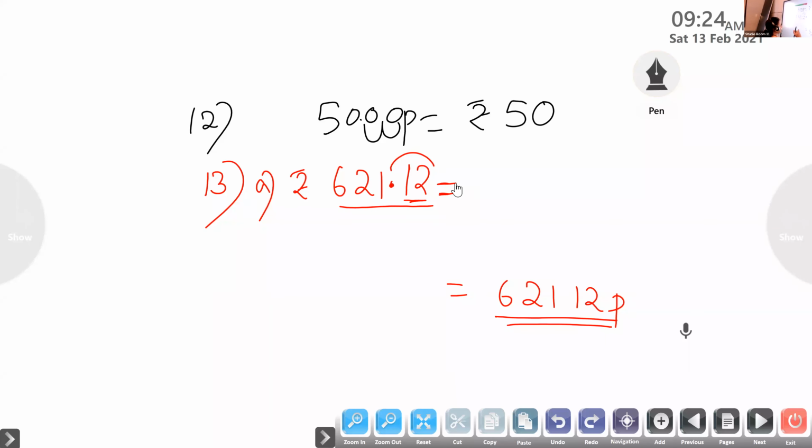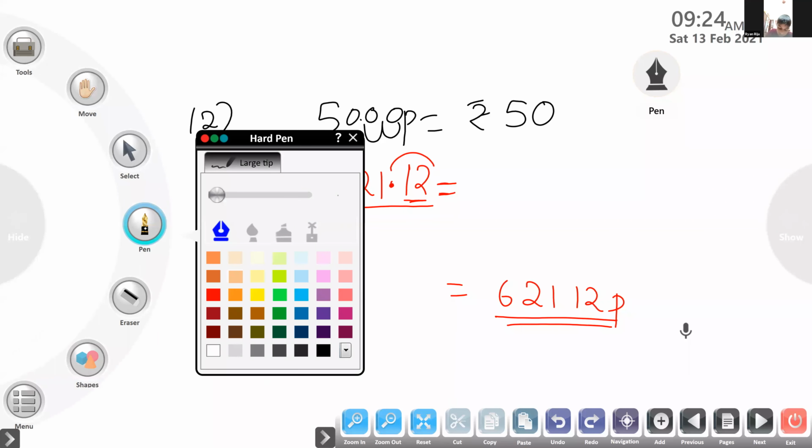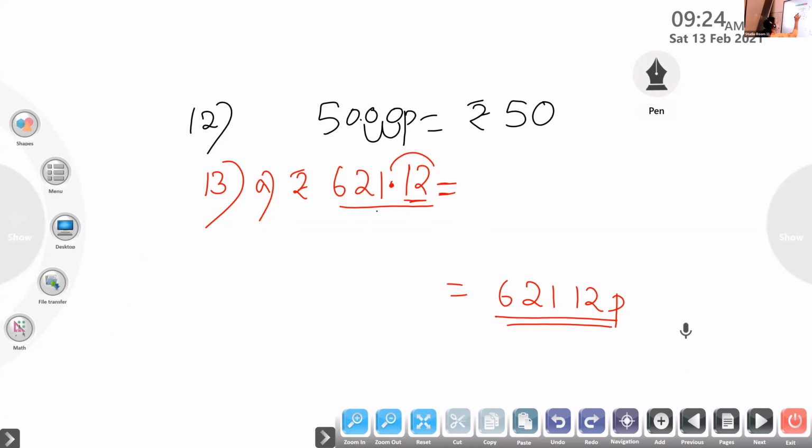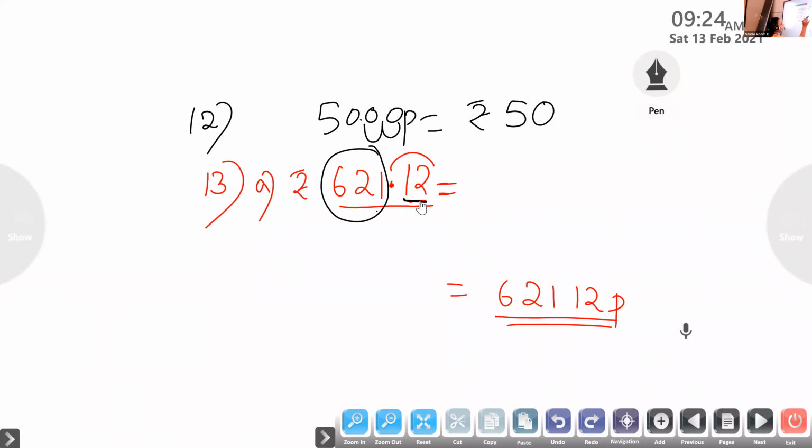Okay, Ashwin, please listen. For one question, I will show you the steps. Now, look here, how many rupees? This much is the rupee part, 621. And this is the paise, 12 paise. We will write the steps here.